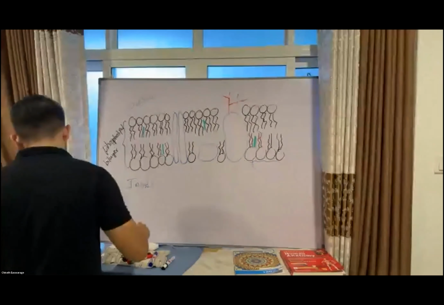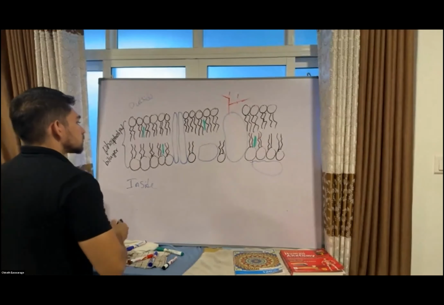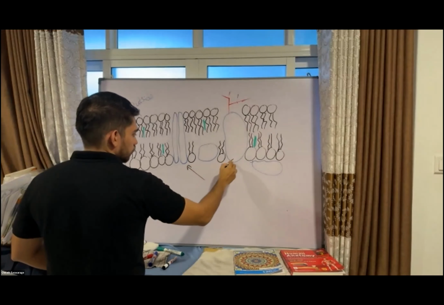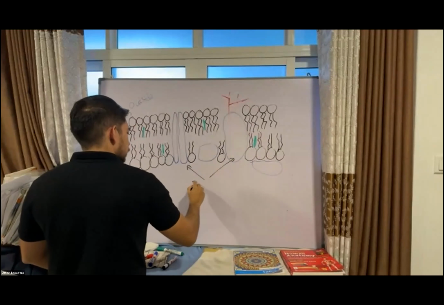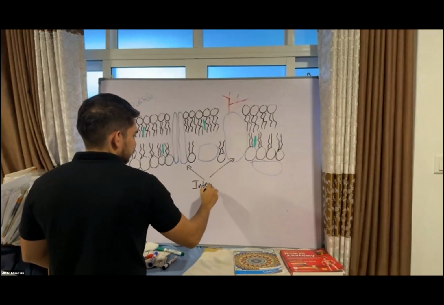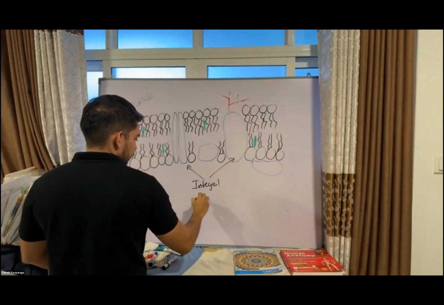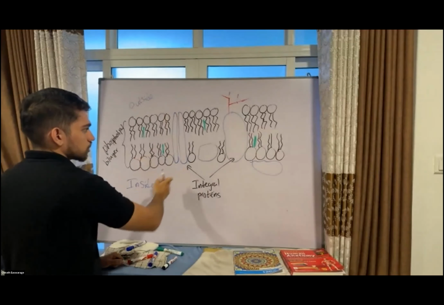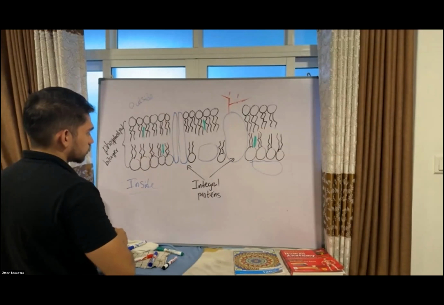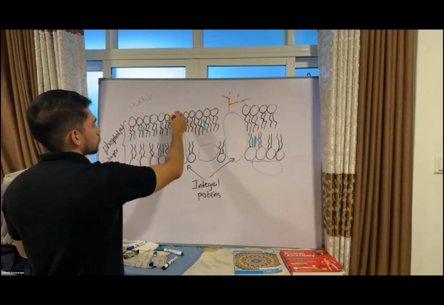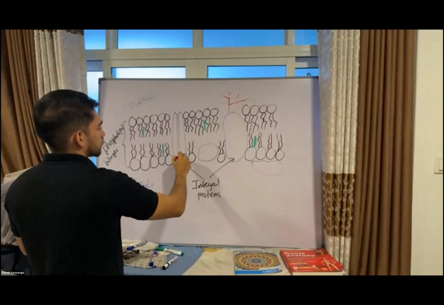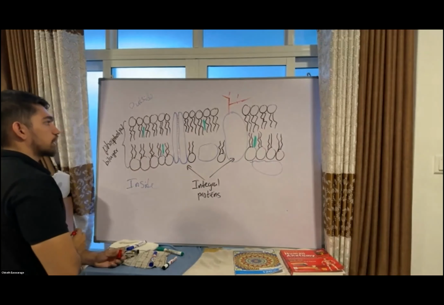right? So I label them. These two proteins are what we call integral proteins. Integral proteins. But this one, can you see? There's a channel going through it. There's a hole through it. That means it's like a gate.